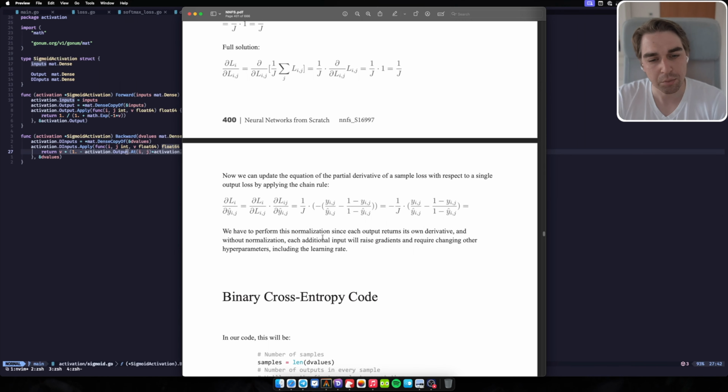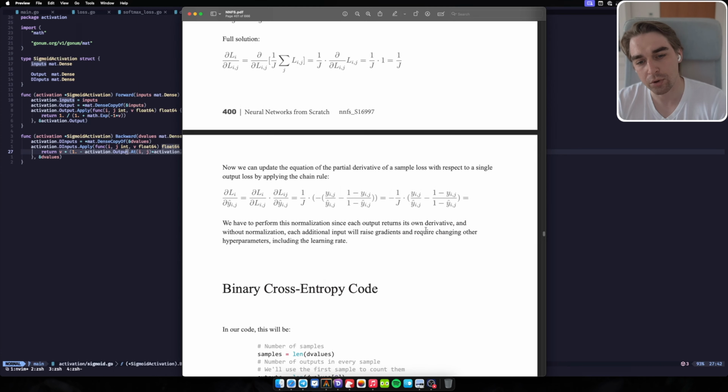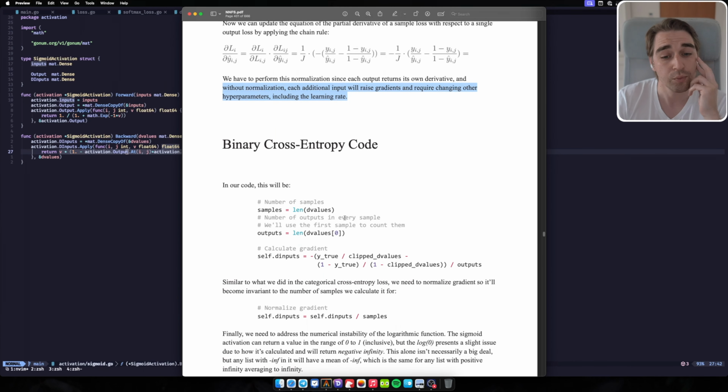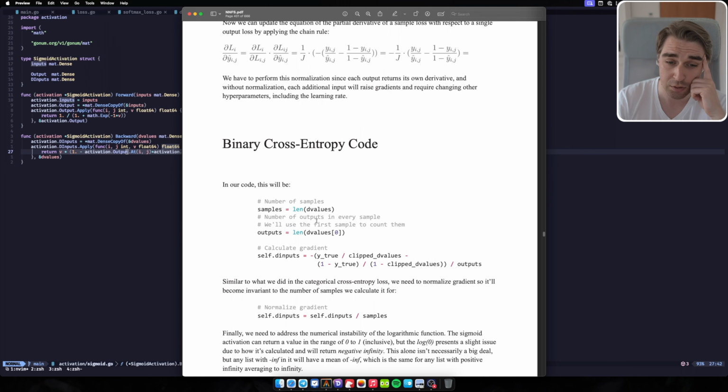You have to perform this normalization since each output returns its own derivative, and without normalization, each additional input will raise gradients and require changing other hyperparameters, including the learning rate. So then code. We have the number of samples and the number of outputs in every sample. I can take this from the dimensions.